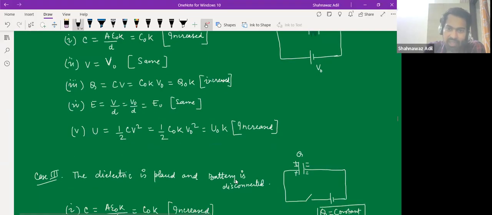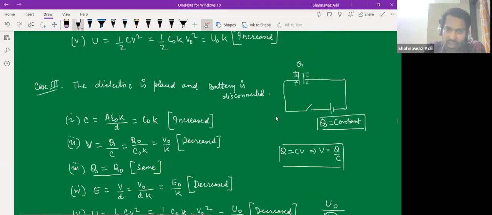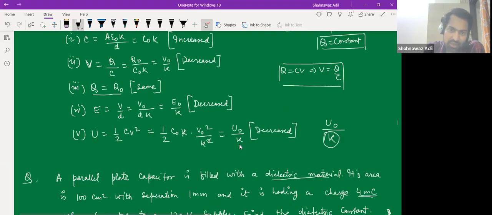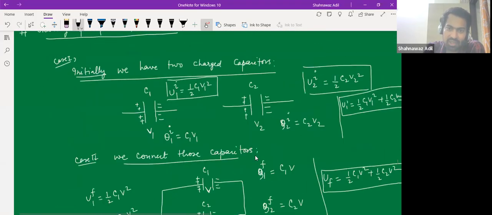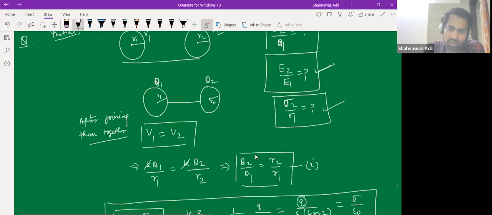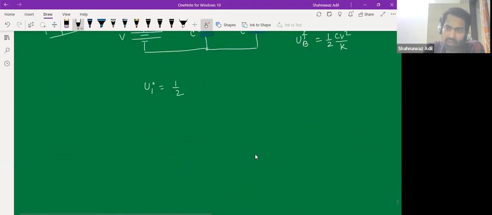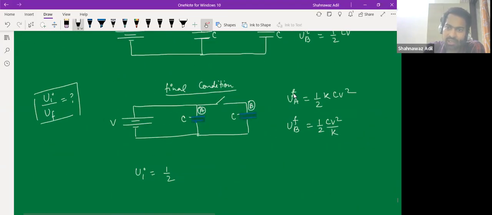When the battery is disconnected, this will decrease by k times. We are applying the same condition here. So this is decreased by k times.